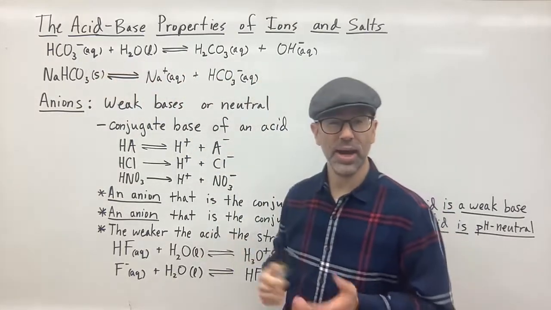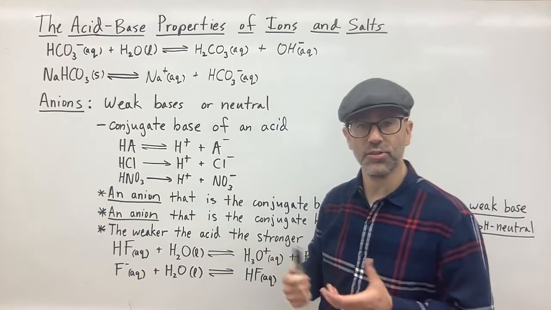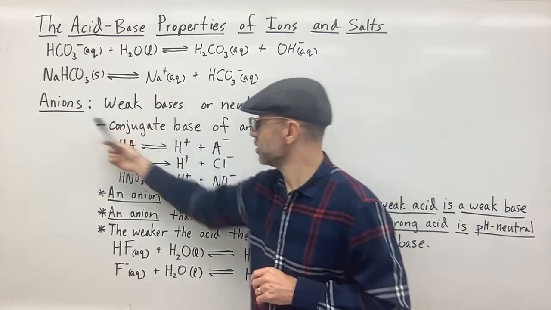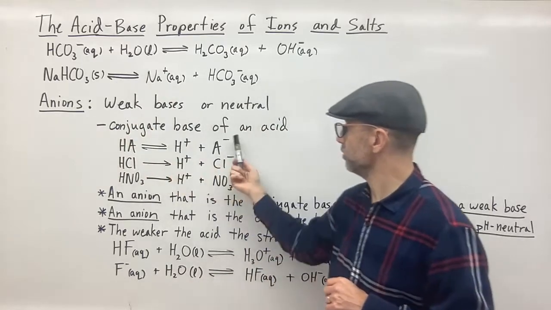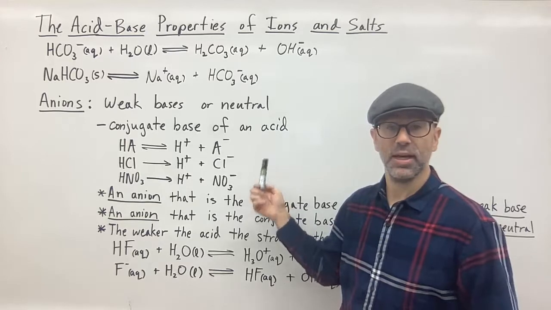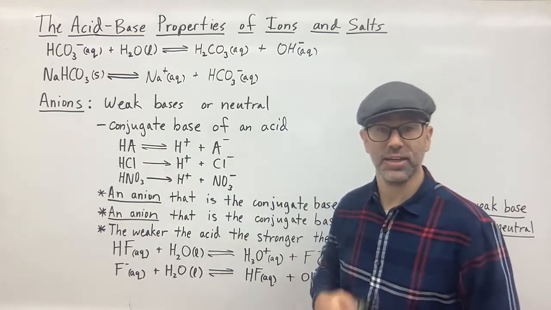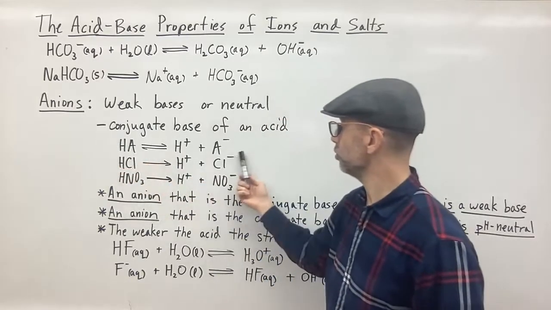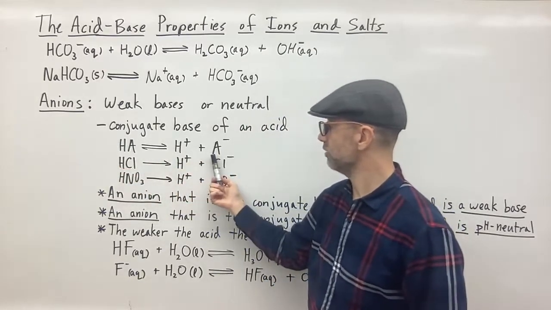So why is it? We can understand that these anions are typically conjugate bases of an acid. Whenever you have an acid, the anion of that acid is the conjugate base of that acid. For example, here is the generic equation of an acid.